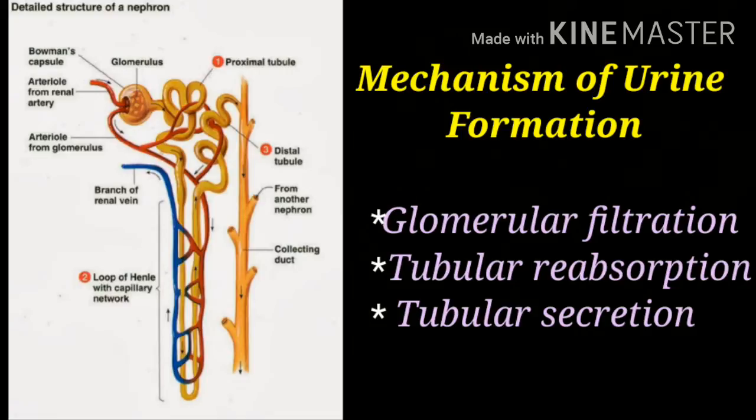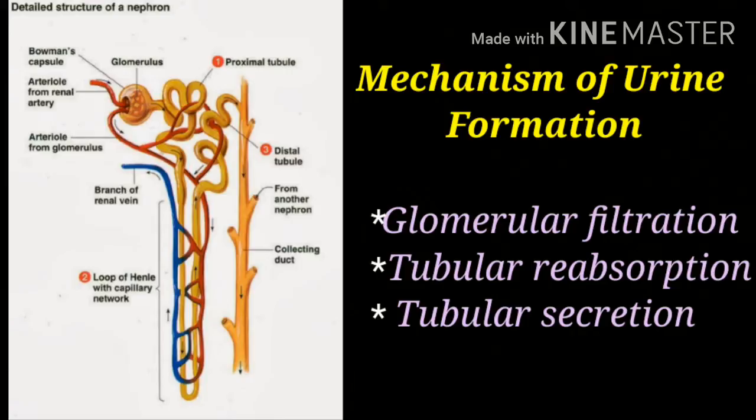That is called selective reabsorption. Third one is tubular secretion. Substances such as H plus and K plus ions are secreted into the tubule. This tubular filtrate is finally known as urine, which is hypertonic in man.